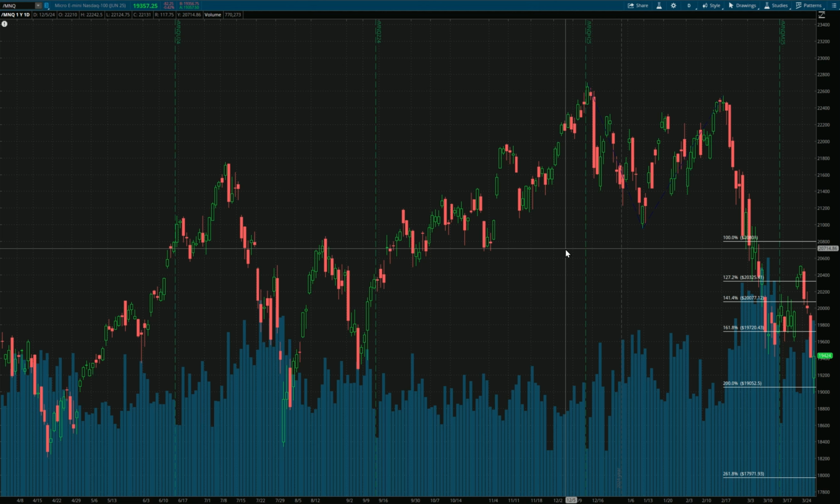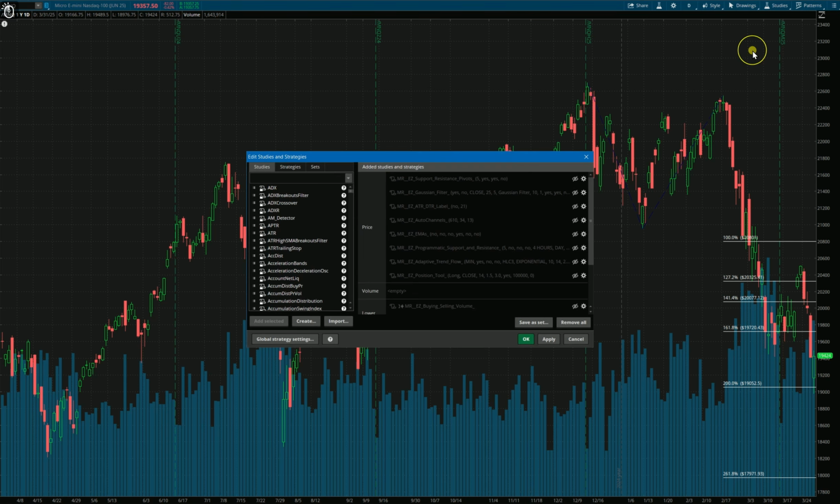So let's build the chart so we have something decent to look at. First thing we want to do is deal with price. We'll see if we can do some work on price here and see what we get. So we pull up Edit Studies, and I've got all sorts of stuff asleep right now, or hidden, whatever you want to call it.